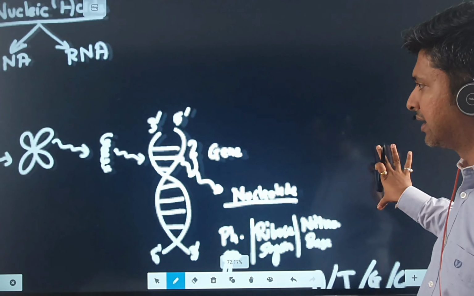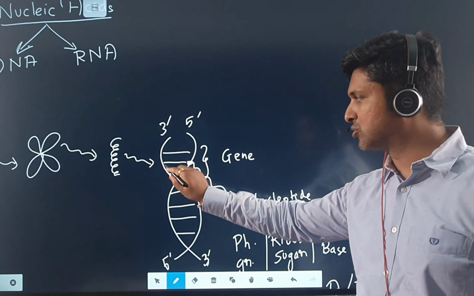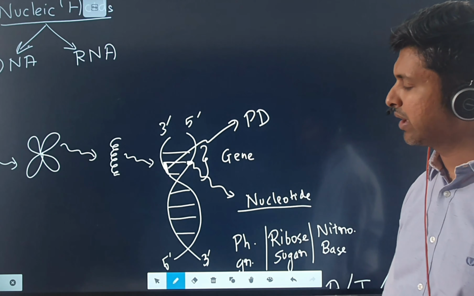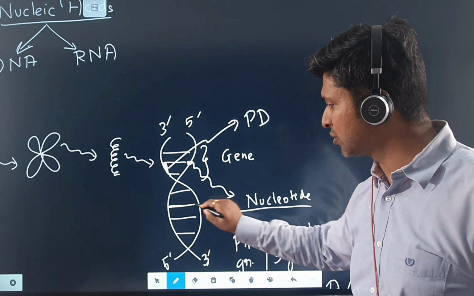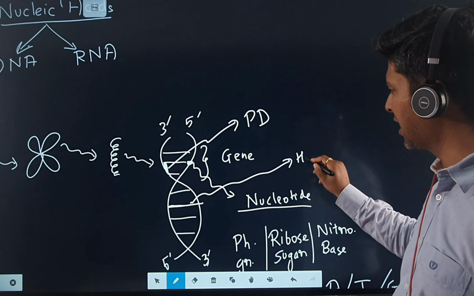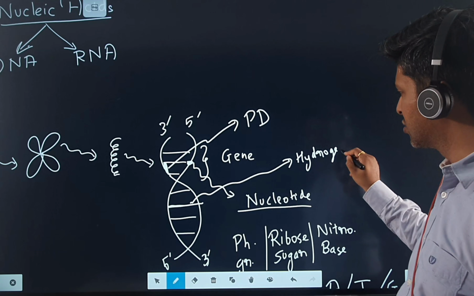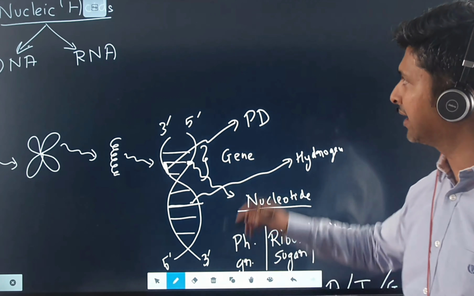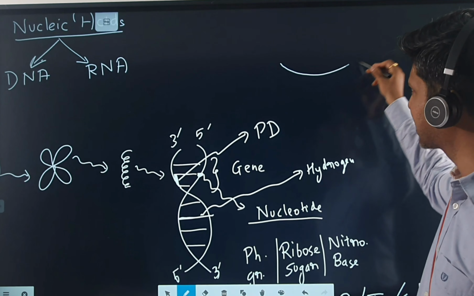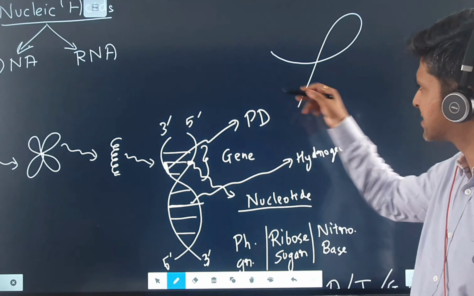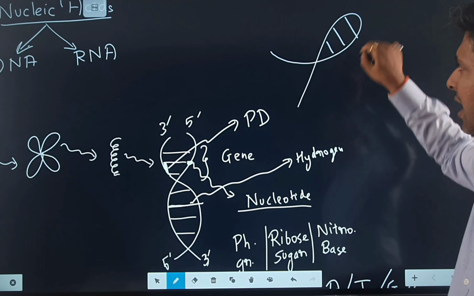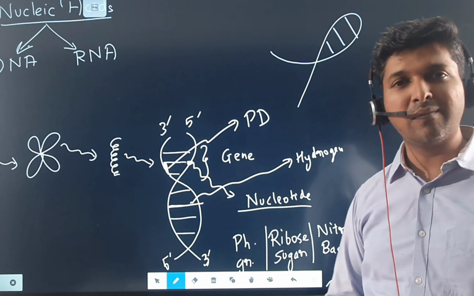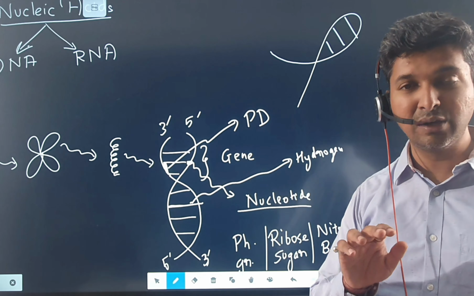Here we can see that these vertical bonds are the phosphodiester bonds, and these horizontal bonds, H for horizontal, H for hydrogen, are the hydrogen bonds. So phosphodiester linkage and hydrogen bonds are also present in RNA, because sometimes mRNA is single stranded but can form the hairpin model, forming hydrogen bonds as well as phosphodiester bonds. So this is all about nucleotides and nucleic acids.